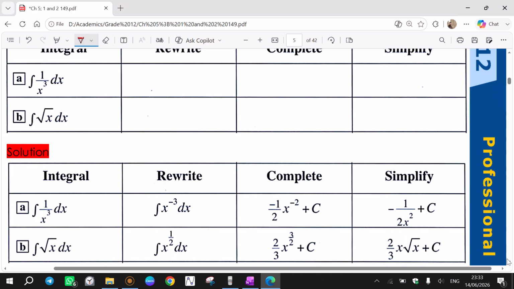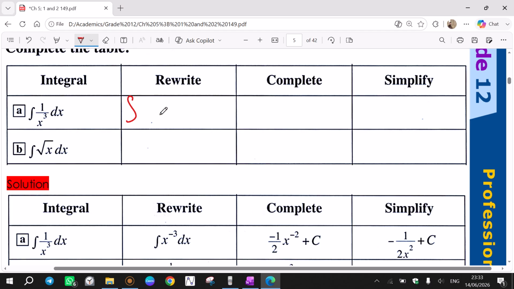Now we have some integrals to do. As we said, x power 3 in the denominator, we need to rewrite integral x power negative 3 dx. Now complete. To do the integral, we just say power plus 1 over new power. Negative 3 plus 1 will be negative 2. Divide by negative 2 plus c. Simplify.